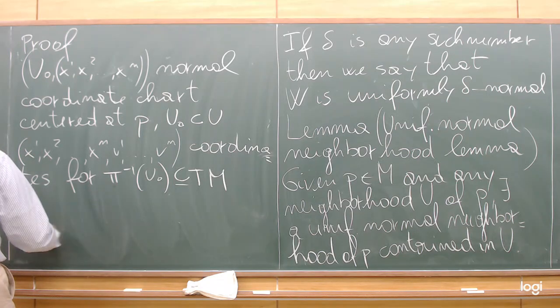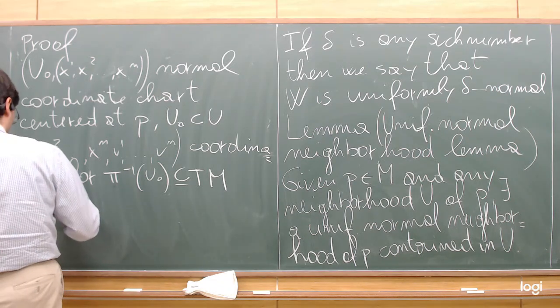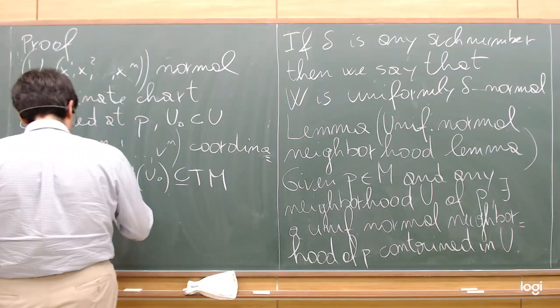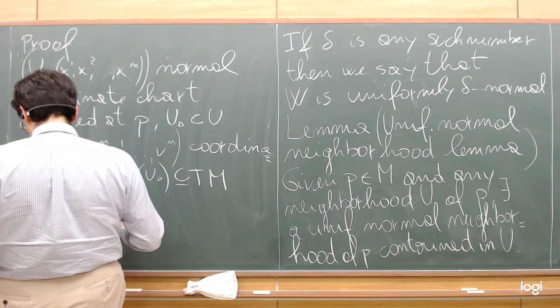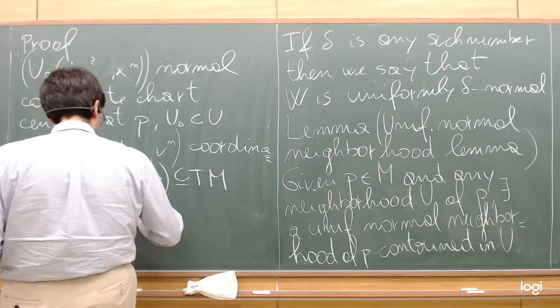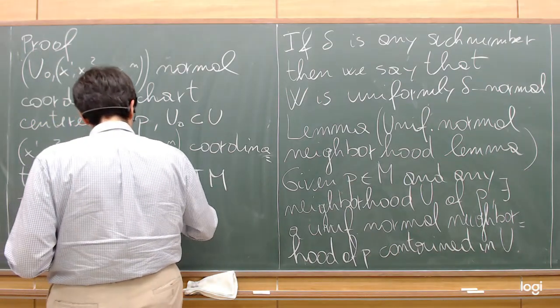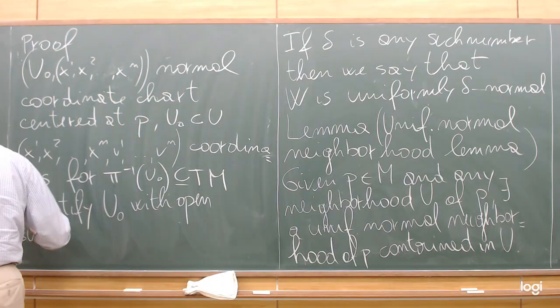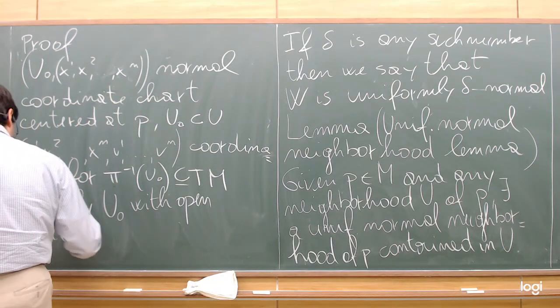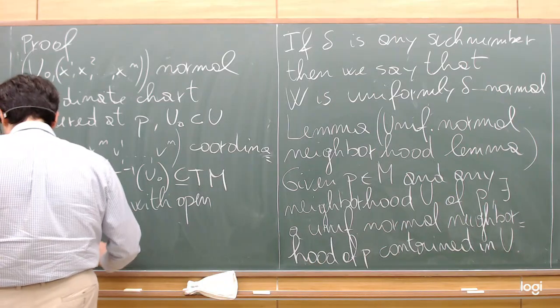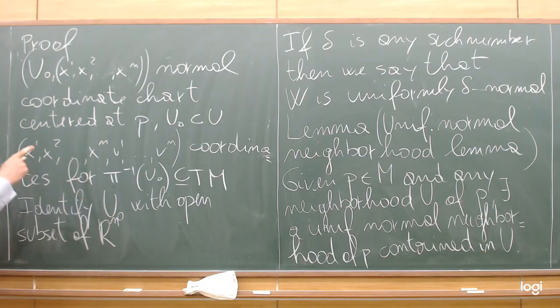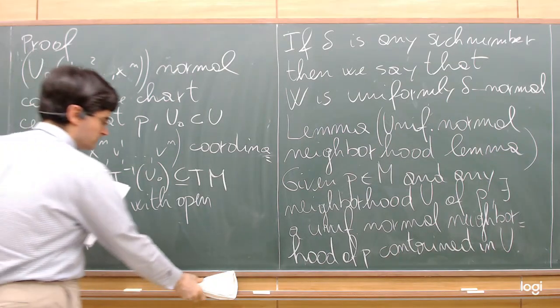Okay, let's observe that we can identify U0 with an open subset of R^n because of these coordinates.